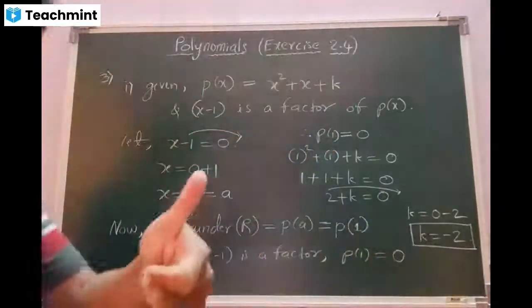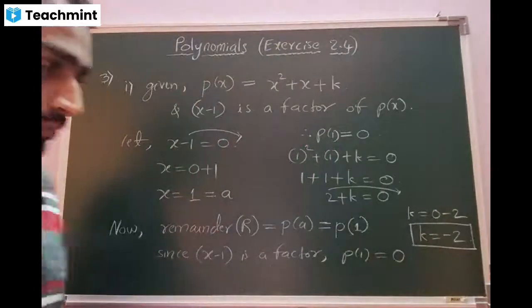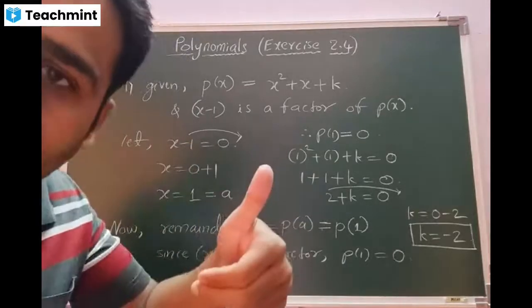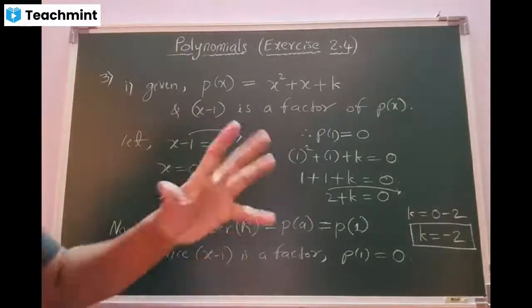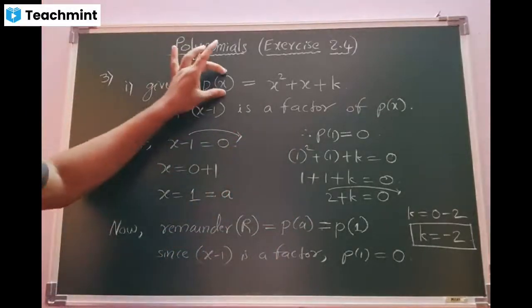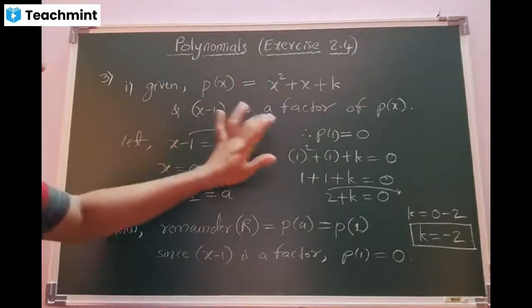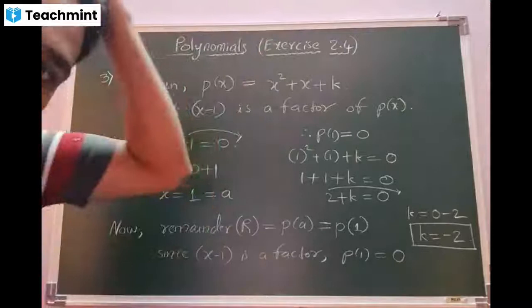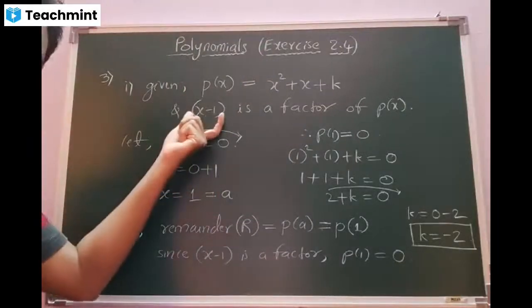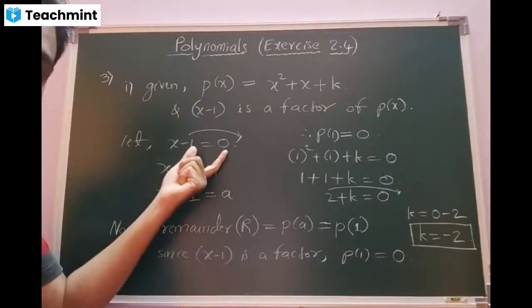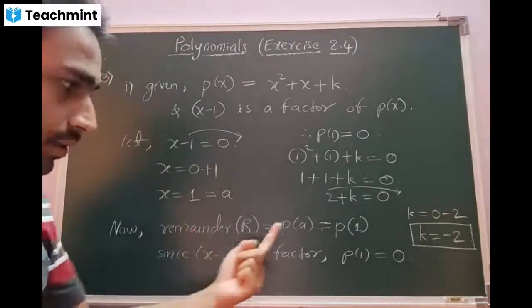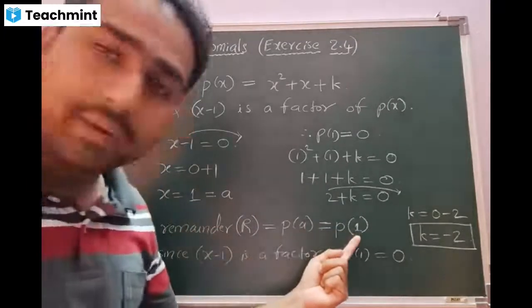All of you understood the steps, beta? Observe what I have done. This is the dividend I wrote, and this is a factor of p of x, as they gave. Then I took the divisor, nothing but the factor, equated it to 0, found the value of x, and treated it as a. Then remainder r is equal to p of a, which is p of 1.